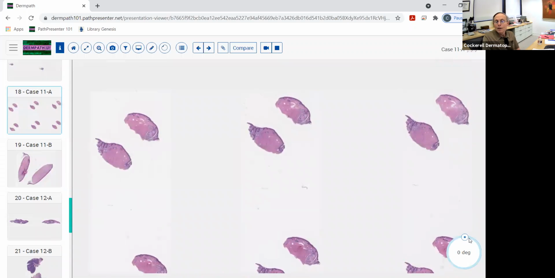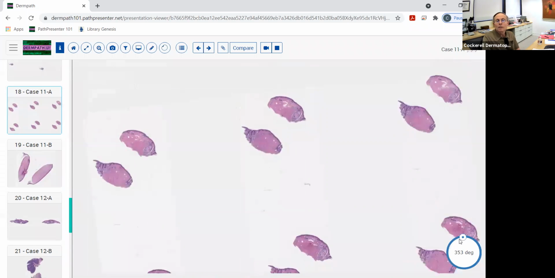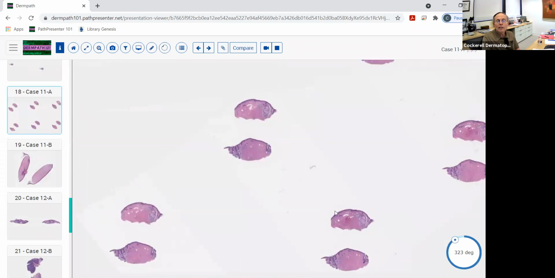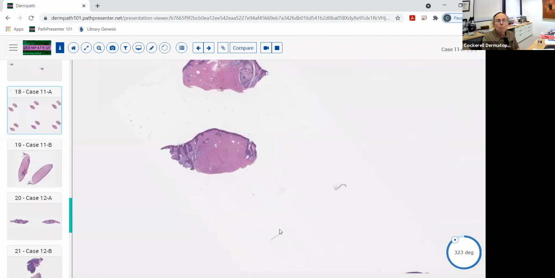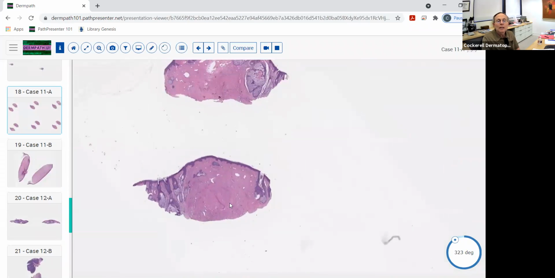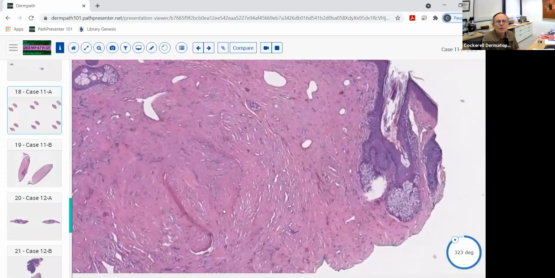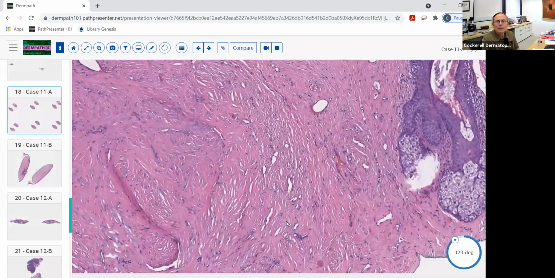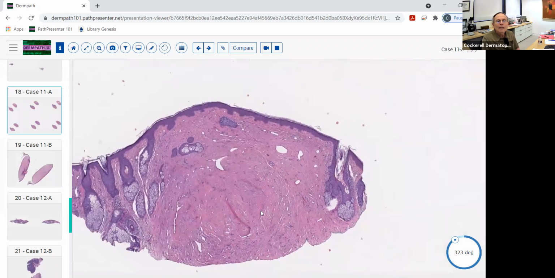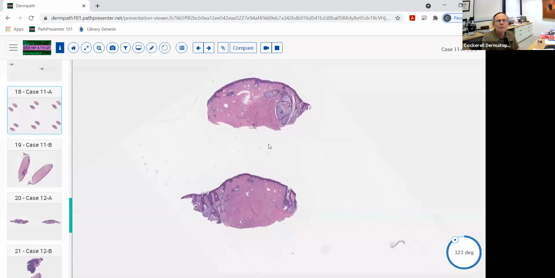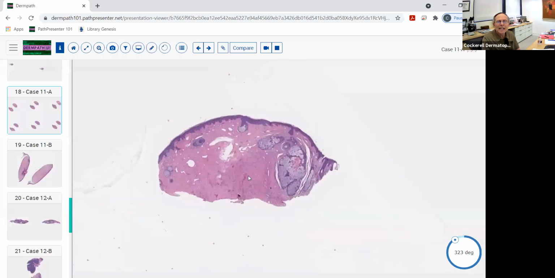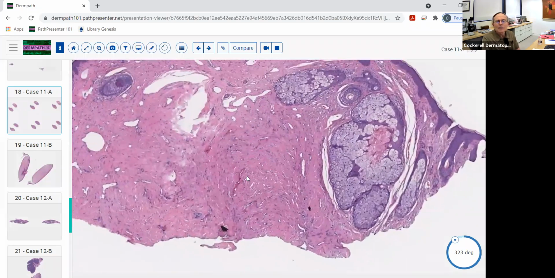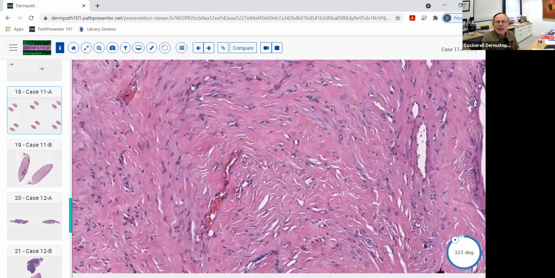Okay, another genodermatosis. So here we've got what looks like a little plate, if you will, of this kind of thickened sclerotic collagen, okay? And what we really have here, we see it over here, so this is not an angiofibroma. This collagen is thicker.